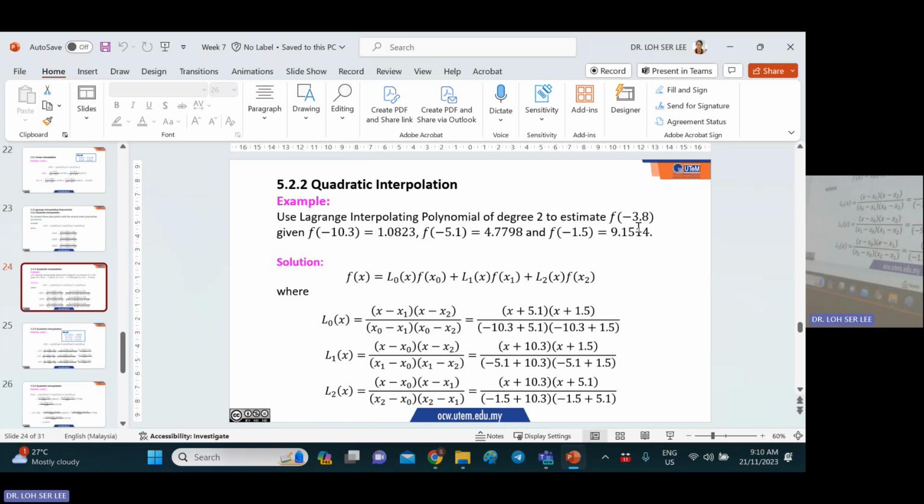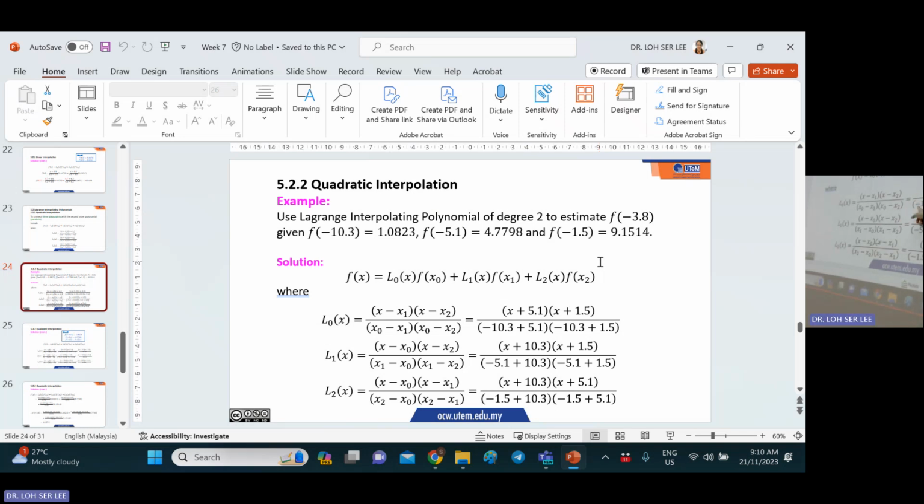We look at the example. Polynomial of degree 2. We want to use a polynomial of degree 2 to estimate this one. So you are given these 3 points now. After you form the L0, L1, L2, and after you substitute all the values of x0, x1, x2, you will get this.